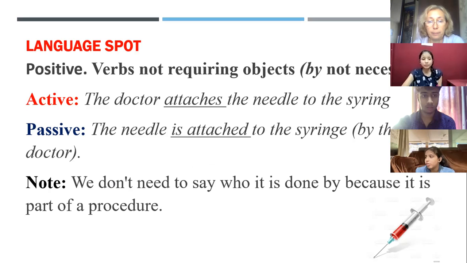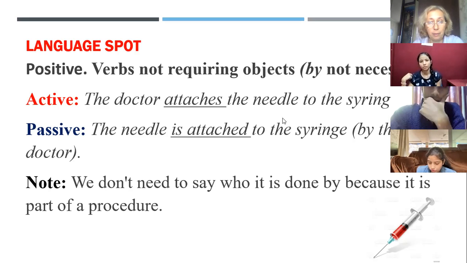Ma'am, for the passive one, in this example, the needle is attached to the syringe. If we add by the doctor, does it become active, or does it still stay passive? No, it doesn't become active, because in English the word order is fixed, and the first noun which is used at the beginning of the sentence is the subject of the sentence. In Russian, for example, it's different. We can start with the syringe.